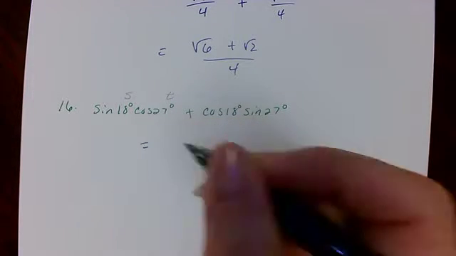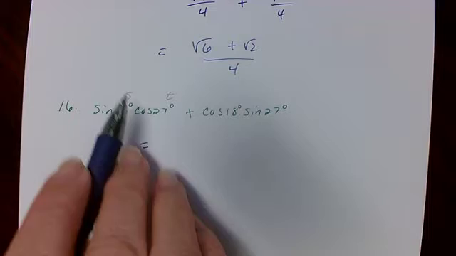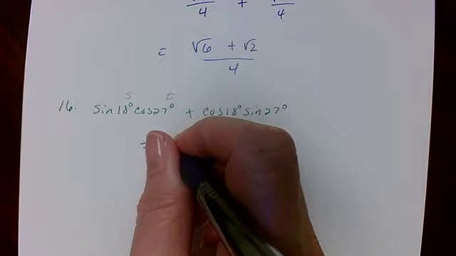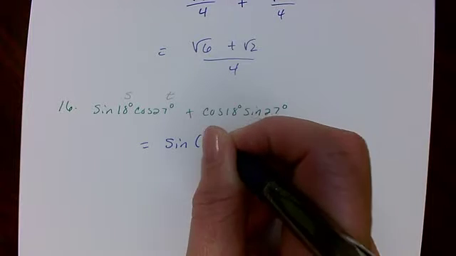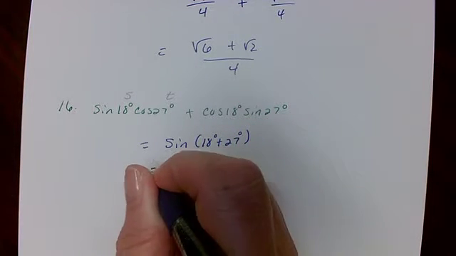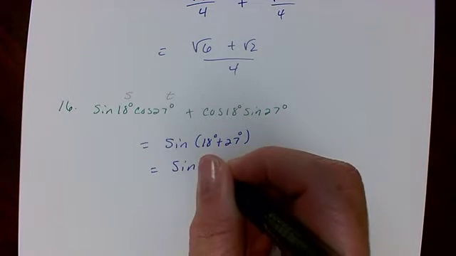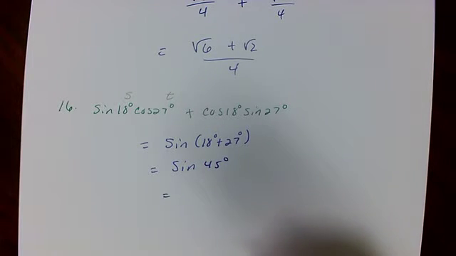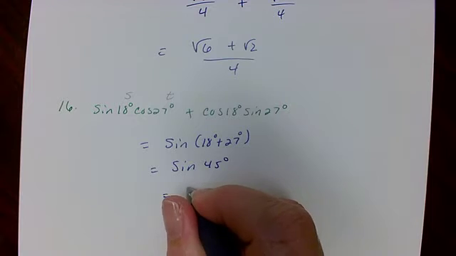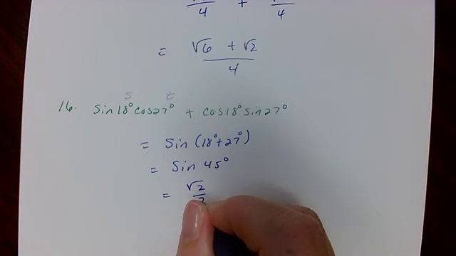Because we realize this is the sine of S plus T, we're going to have the sine of 18 plus 27 degrees, which will equal the sine of 45 degrees, and the value of the sine of 45 degrees from our unit circle is going to get us the square root of 2 over 2.